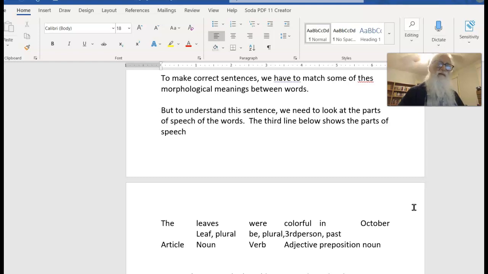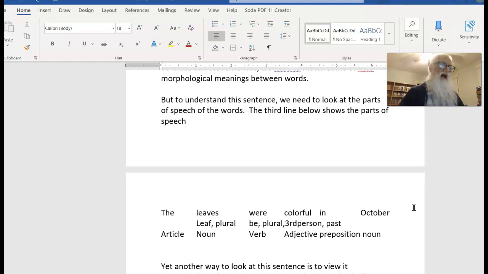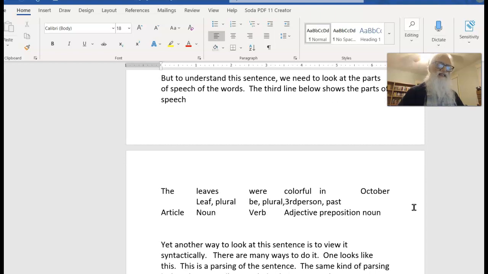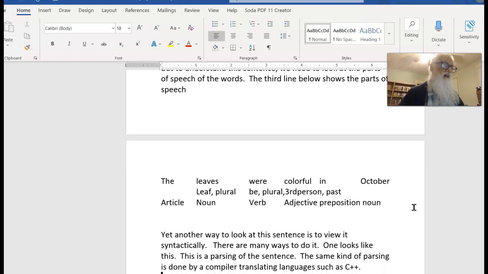Well, that's good, but how can we sort of put this together? How does it fit? Real question is, is it a correct sentence in our language? Does it derive properly? Is it good grammar?